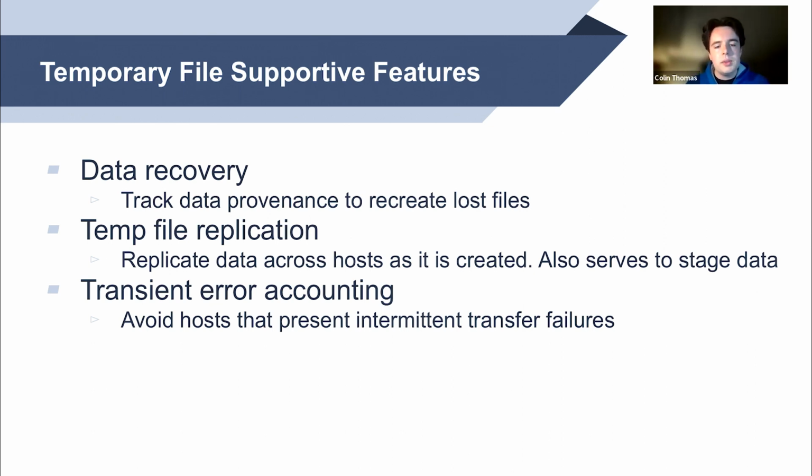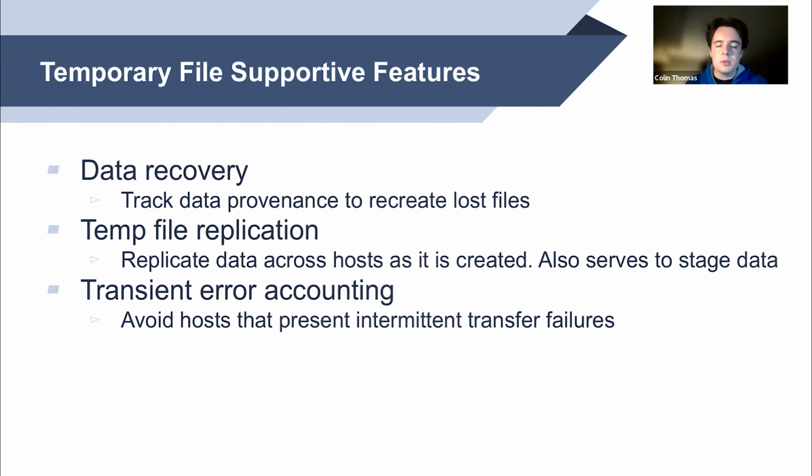So with the peer transfers in the cluster that we schedule with TaskVine, sometimes you'll try to open up a connection between two nodes in the cluster, and for whatever reason that transfer fails. It's not that either of those workers necessarily failed entirely.